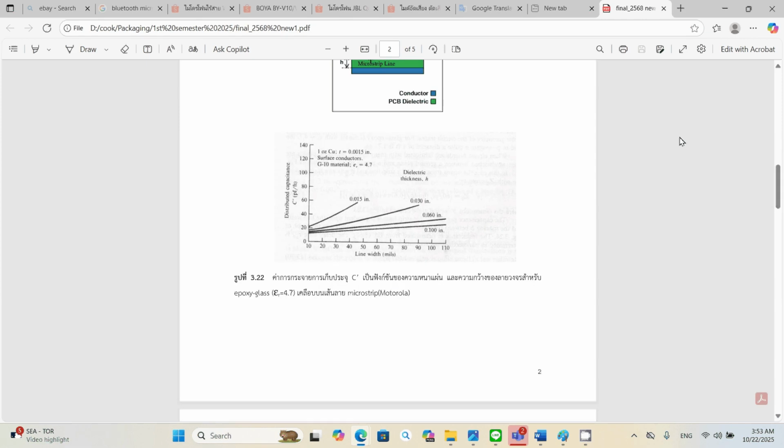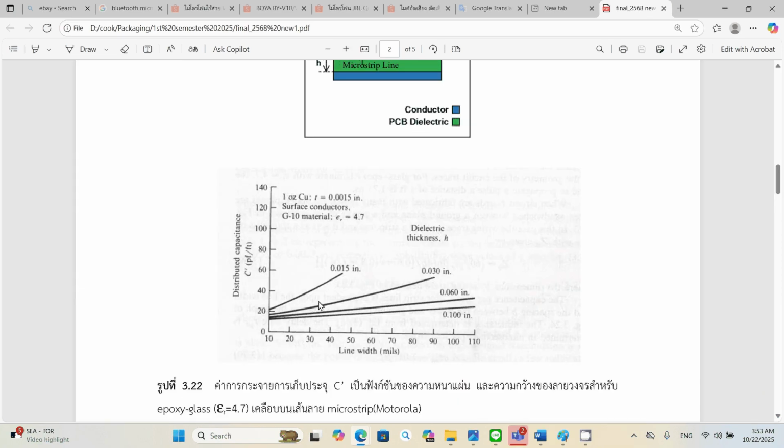Here, as you can see, you have the line width 10 mil, right? And with the dielectric thickness H of 15 mil, or 0.015 inch, that's approximately 22, and the unit is picofarad per feet. That's your C prime.